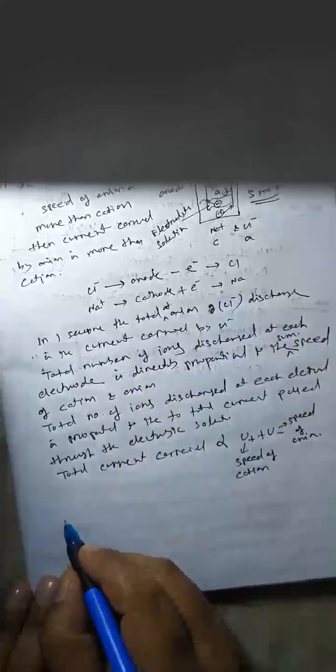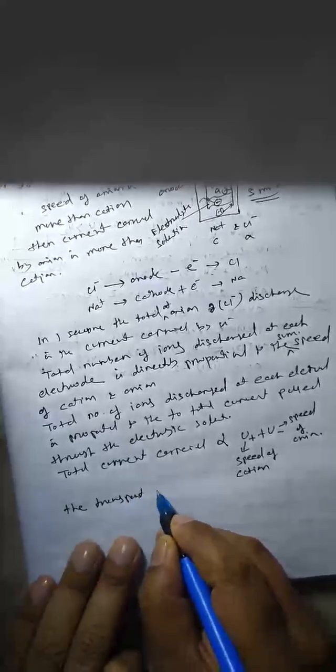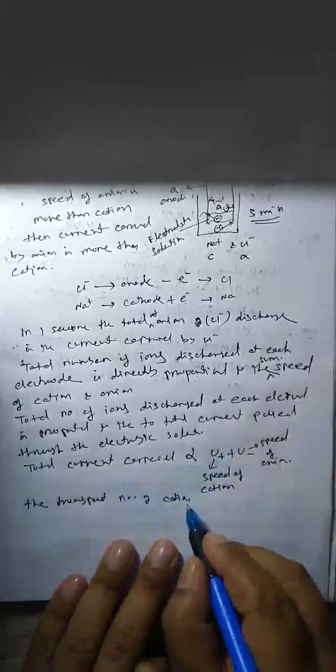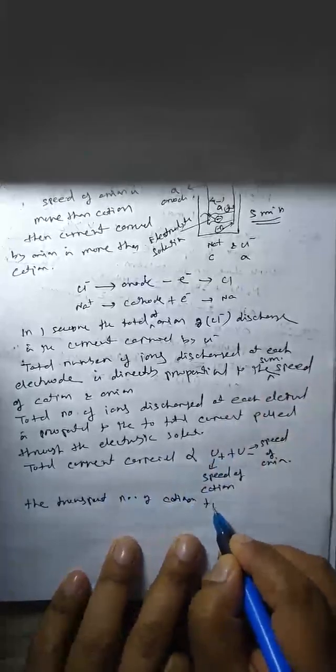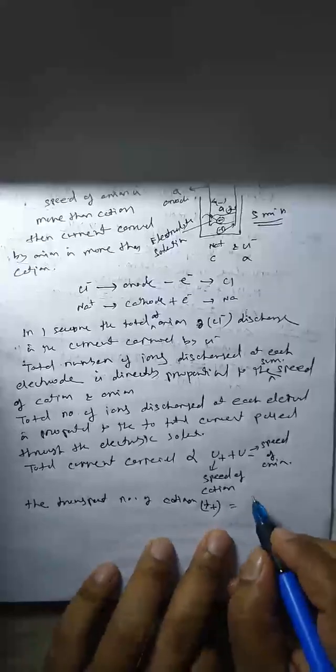So the transport number of cation, I write T plus, depends upon what?